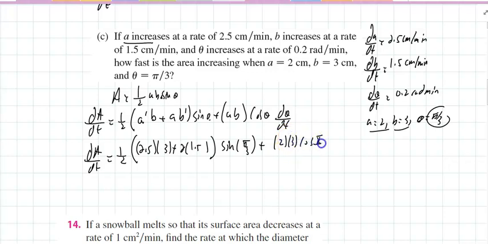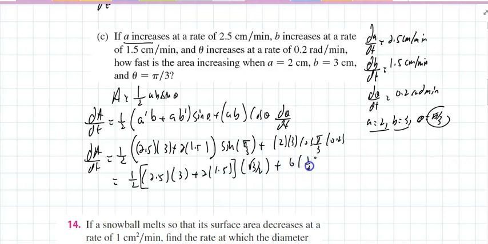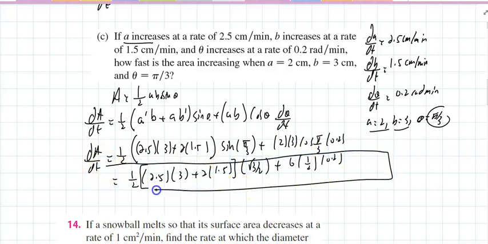The cosine of pi over 3, d theta dt is 0.2, and that's 1/2 of 2.5 times 3 plus 2 times 1.5. The sine is radical 3 over 2 plus 6 times 1/2 times 0.2. That's an acceptable answer on a test. The units will be centimeters squared per minute.